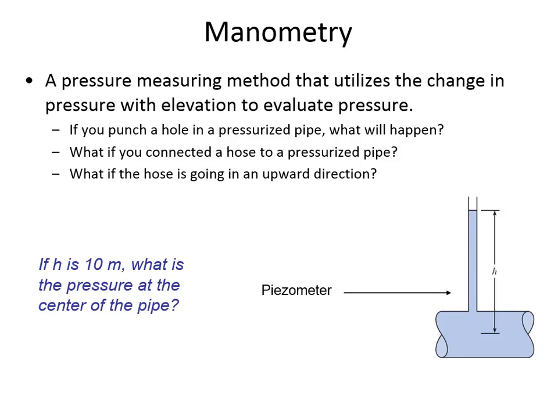So to find the delta H that we'd expect, since we know delta P is delta H times gamma, delta H is delta P divided by gamma. And so it would be 500,000 newtons per meter squared divided by 9810 newtons per meter cubed.